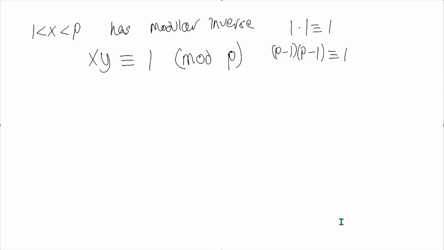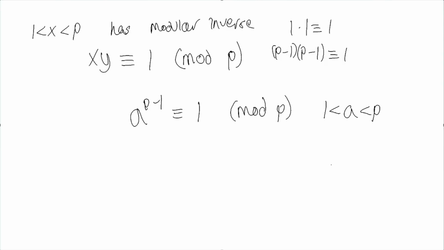Now we're going to look at when n is any number, not just prime. We actually have some quite similar results to when n is prime. For example, recall Fermat's little theorem from the last video: a to the power of p minus 1 is equivalent to 1 mod p whenever 1 is less than a is less than p.